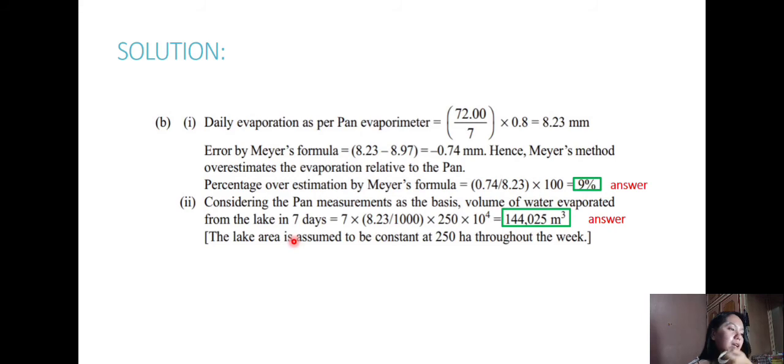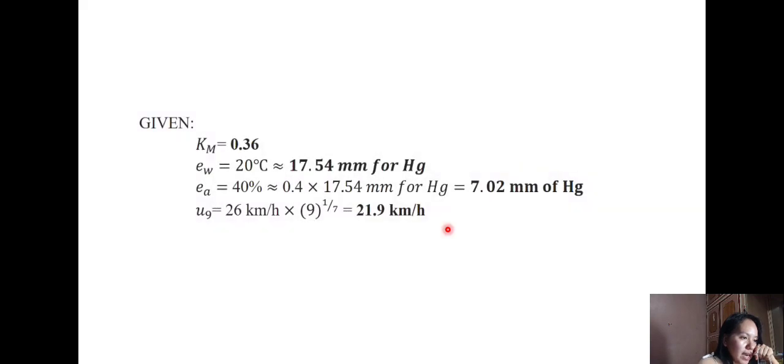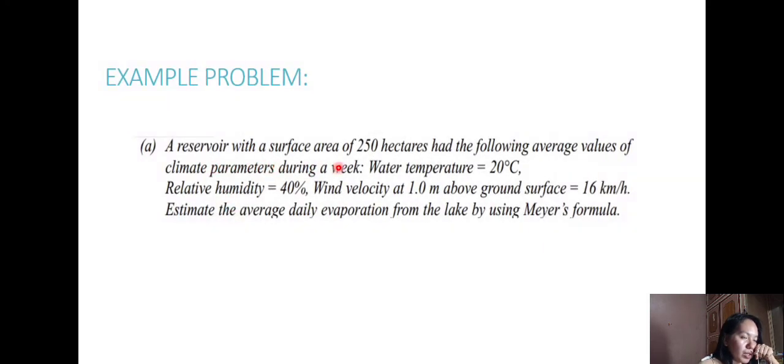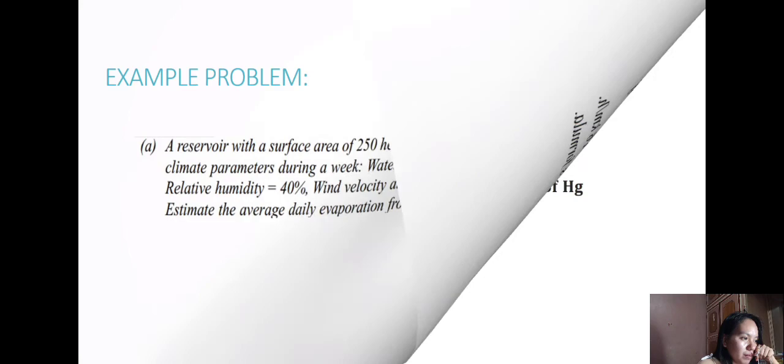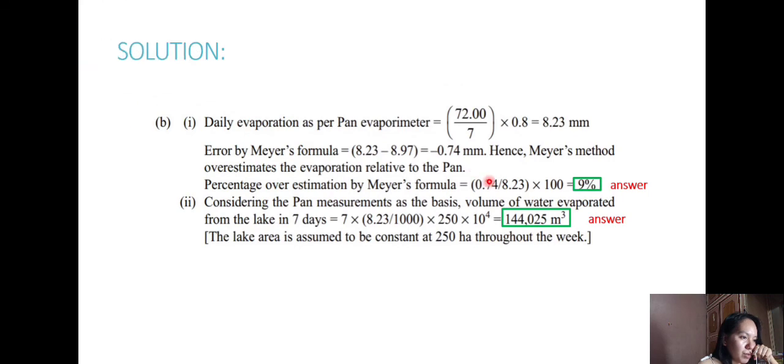Next, considering the pan measurements as the basis, the volume of water evaporated from the lake in 7 days is equal to 7 multiplied by 8.23 millimeter divided by 1,000, times 250, the land area mentioned in the first problem, 250 hectares, multiplied by 10 raised to the power 4.